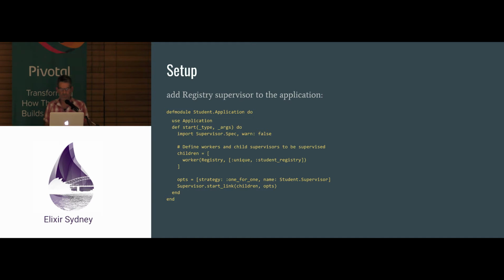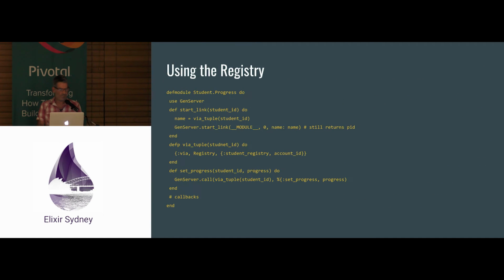You can pass a unique, or I think it's a duplicate, option for your registry, and then I'm giving it a name. In this case, I'm just calling this my student registry. It's an instance of registry, and its mode is unique, so it'll only accept one process per key. So we've started up our application.